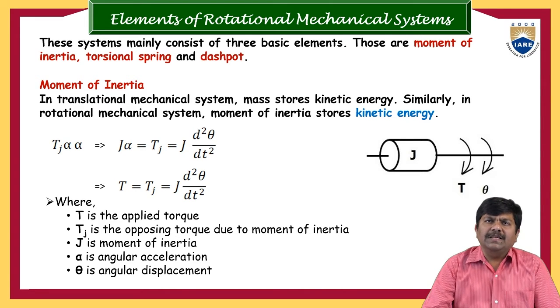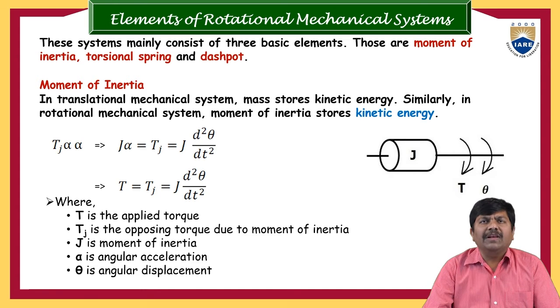The best example for a rotational system is, let us assume a fan, an electric fan. Whenever you switch on that fan, it will rotate either in clockwise direction or anti-clockwise direction based on the connections given to that electric fan.